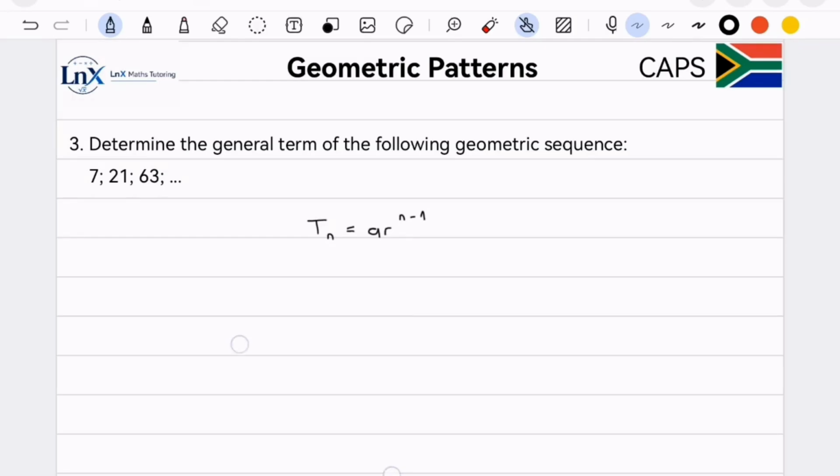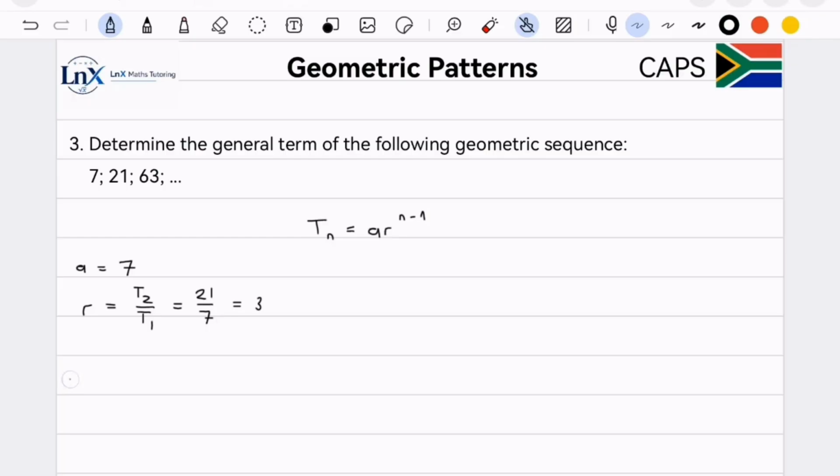In this case, our first term equals 7. Then we need to find our common ratio. For our common ratio, it's going to be T2 divided by T1. That will be 21 divided by 7, which will give us 3.